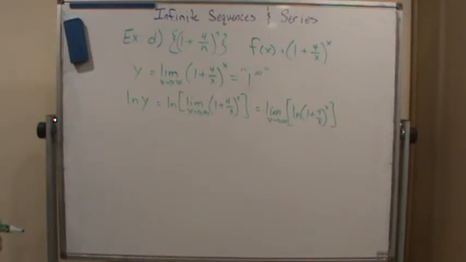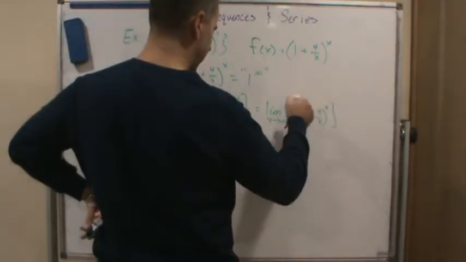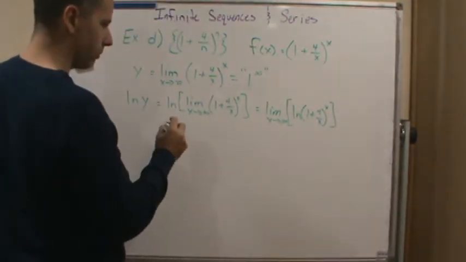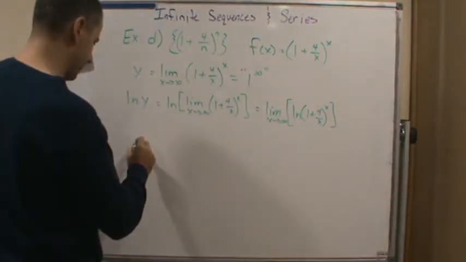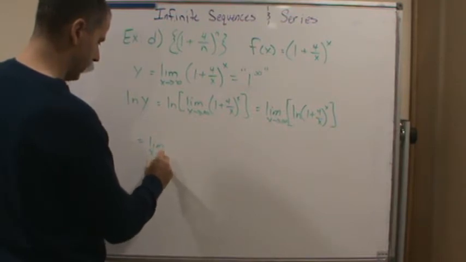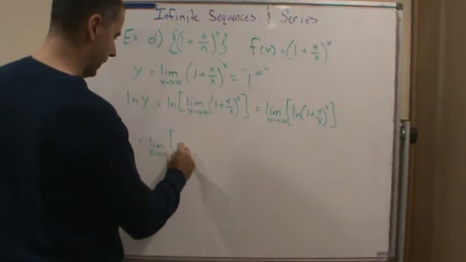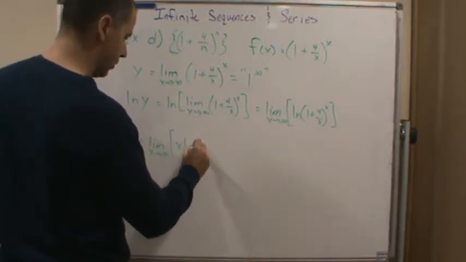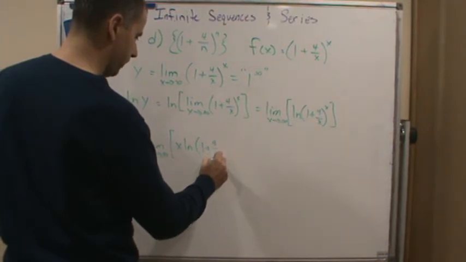So now I can go ahead and pull the x out, and let me write this as equal to the limit as x approaches infinity of x times the natural log of 1 plus 4 over x.